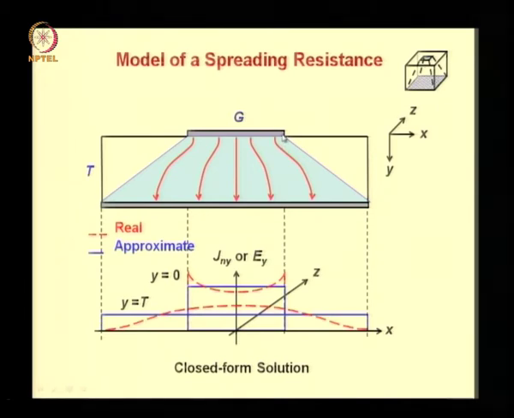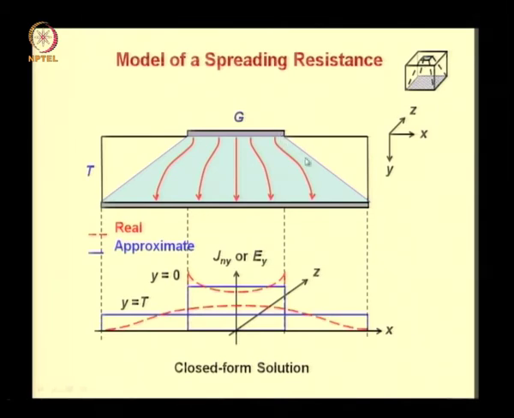Firstly, that the current spread at a constant angle from the top contact to the bottom contact, and secondly, the distribution of electron current density or electric field normal to the horizontal cross sectional area of the device was assumed to be uniform over the current flow cross section.